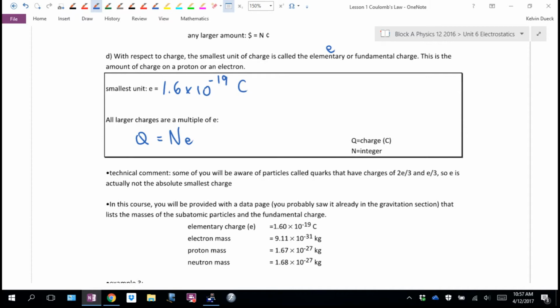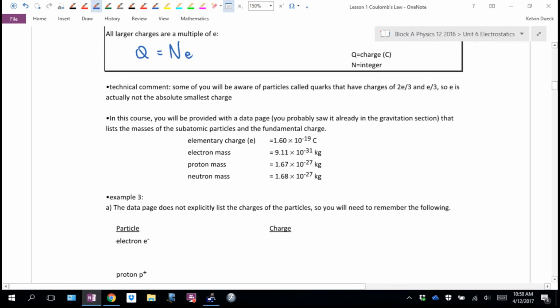And so I'm lying to you, but I've been lying to you almost all year long. We've been ignoring air resistance. We've had our Atwood machine, our pulleys have had no friction, and our ropes have had no mass. So, hey, one more lie to add to the stack. We're not going to worry about quarks.